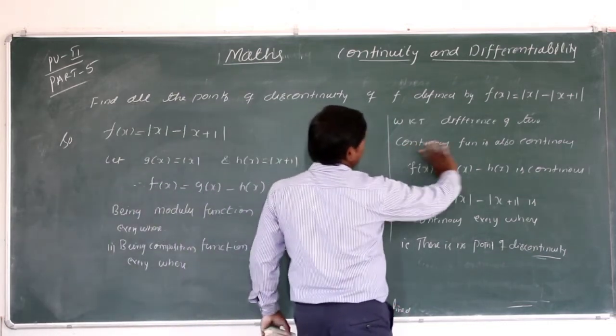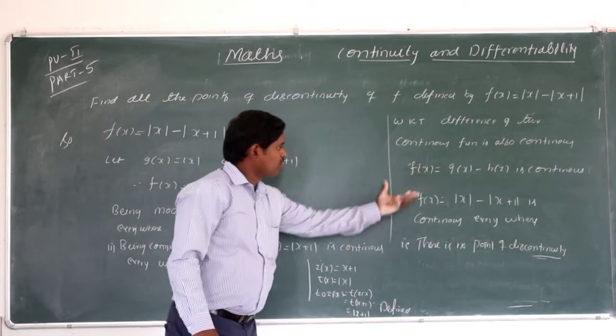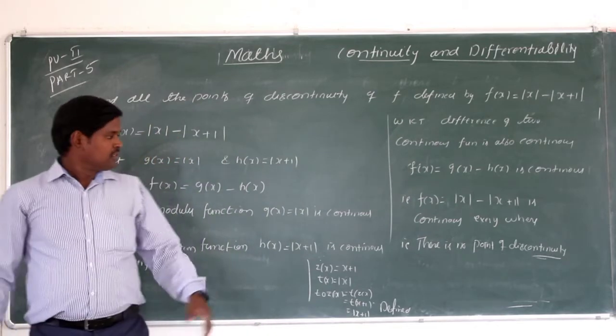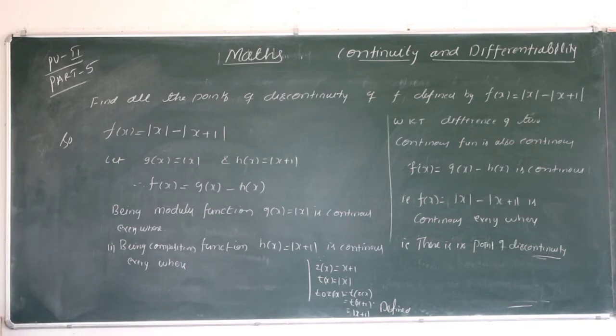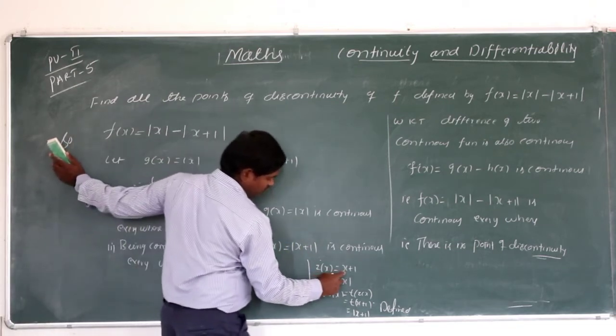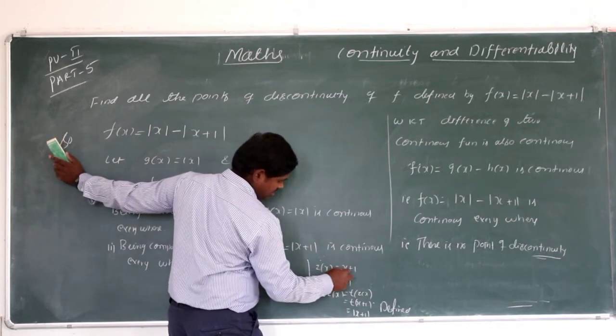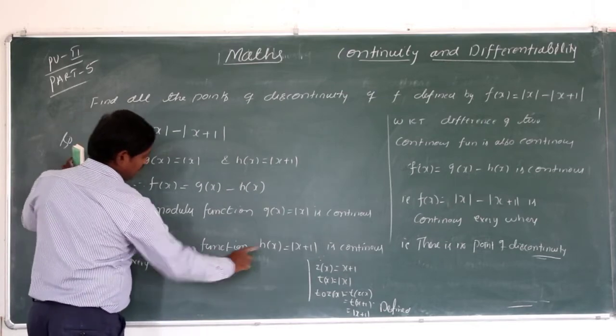The difference of two continuous functions is also continuous. So the given function is continuous everywhere. Being a composition function of two continuous functions, particularly here both functions, z of x and t of x, are continuous.